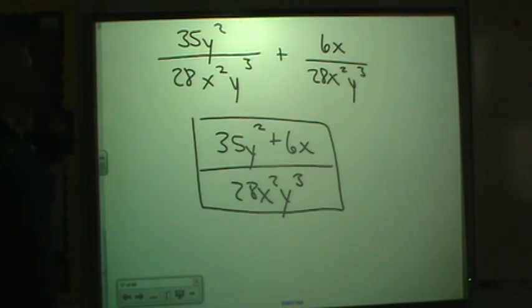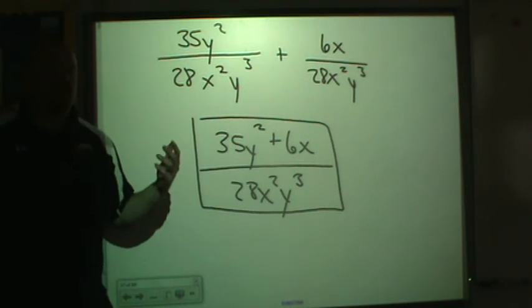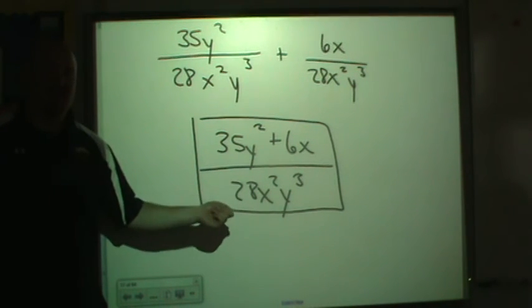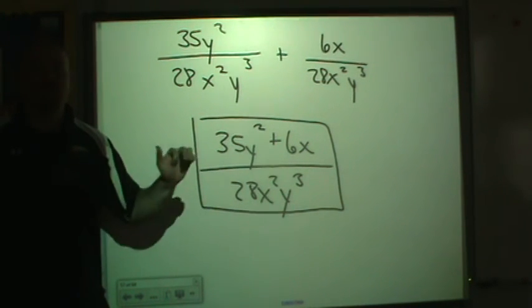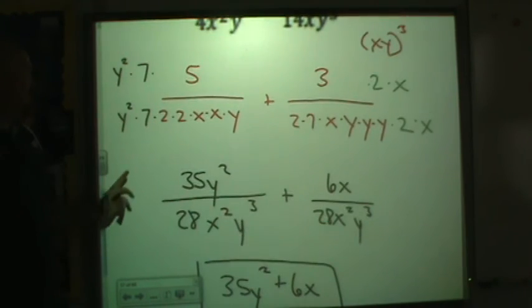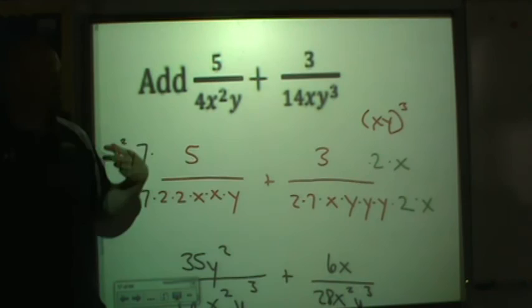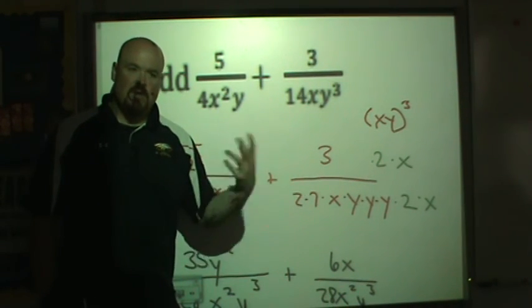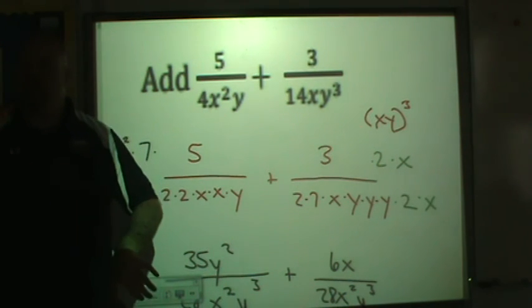And as far as factoring and simplifying, we said this yesterday, you don't have to worry about simplifying your sum or difference if you found your common denominator correctly, your lowest common denominator. If you just multiplied these, if you did, from the very beginning, 4 times 14 and got 56 x cubed y to the 4th, then you would have to factor out and simplify, okay?